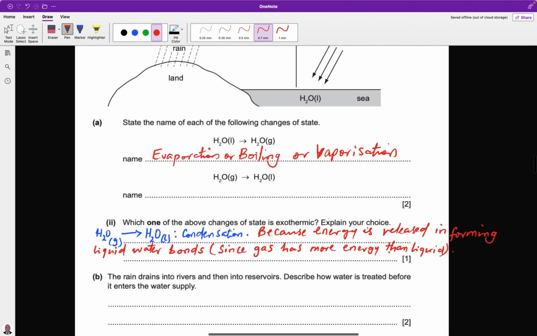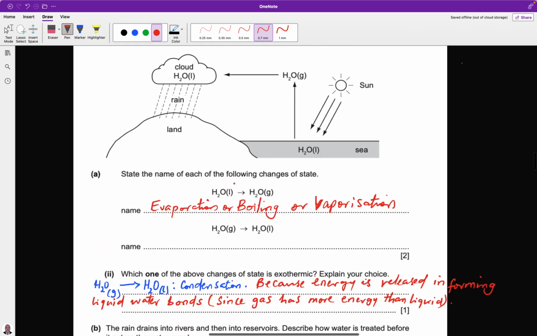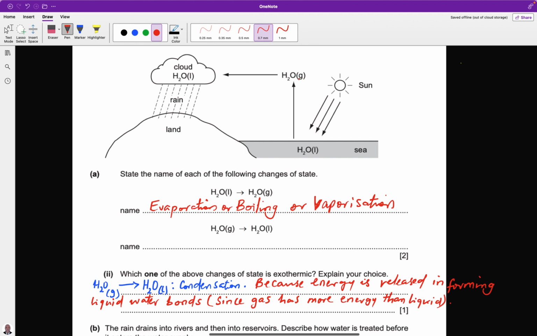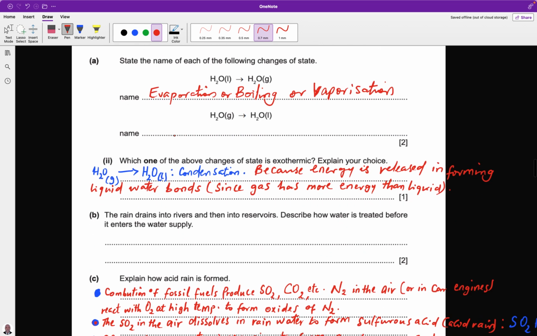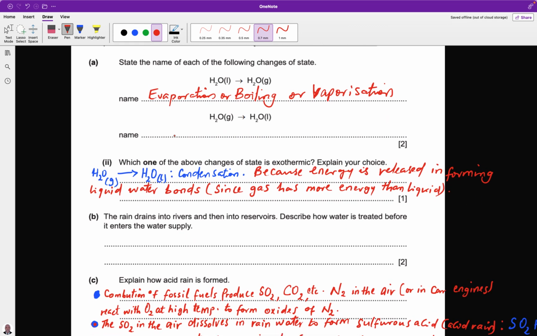On the other hand, from gas to liquid, what do we call that? Here, water vapor in the atmosphere now turns into liquid water and falls as rain. Now we are turning gas into liquid. What procedure is that called? The procedure here, from gas to liquid, we can call it condensation.